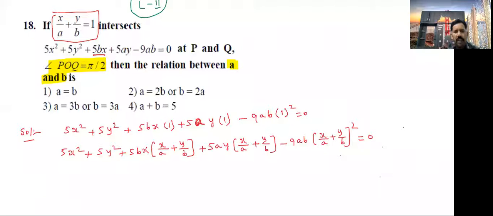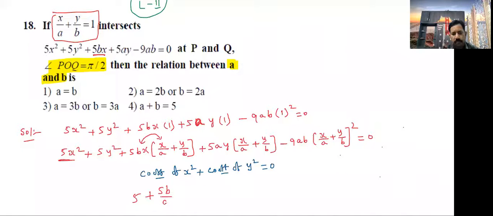Here the angle between the pair of lines is given as 90 degrees. Then what is the condition? Coefficient of x square plus coefficient of y square is equal to 0. What is the coefficient of x square? Here one term is there, 5. After multiplying these two, you will get the coefficient of x square, that is 5b by a.